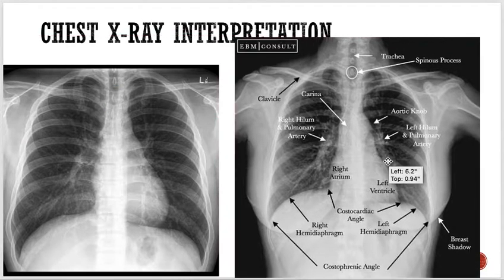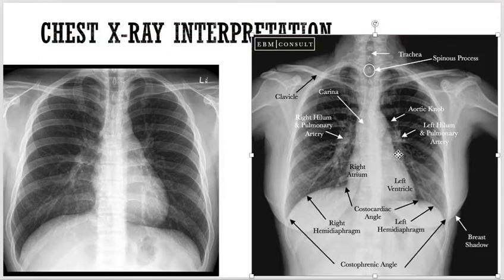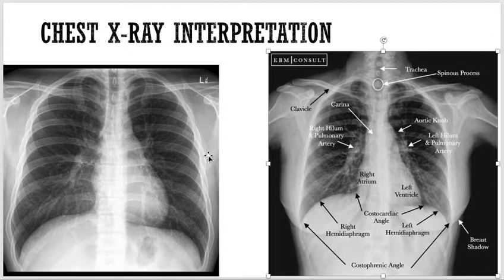Now I am including one more X-ray over here, which is again a normal X-ray. And see, this one is without any markings, but this one is with the markings. And you can see over here that they are showing you different structures. Now, how to interpret that?